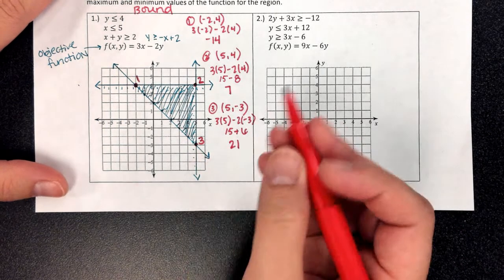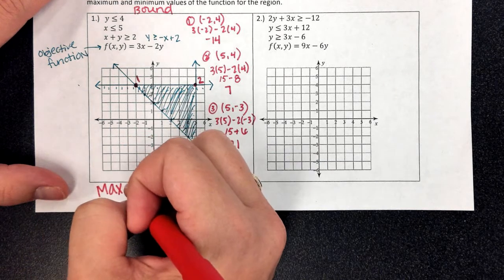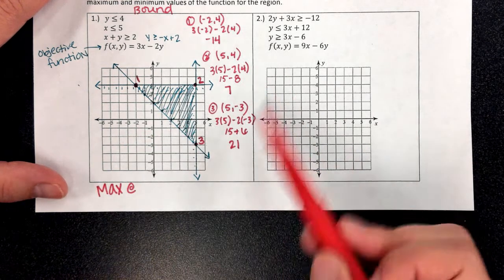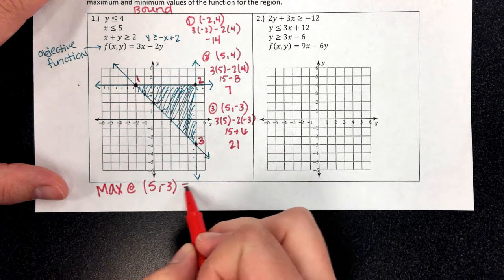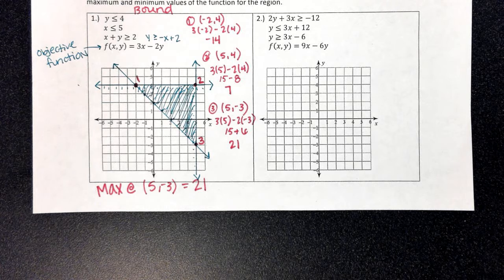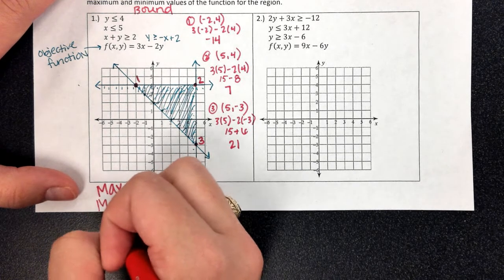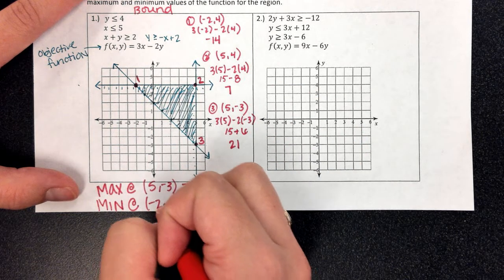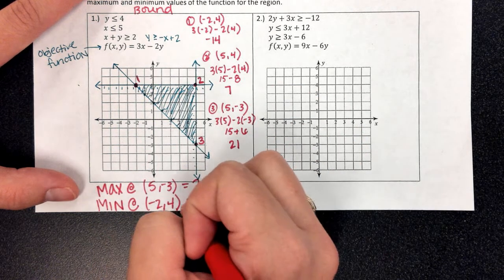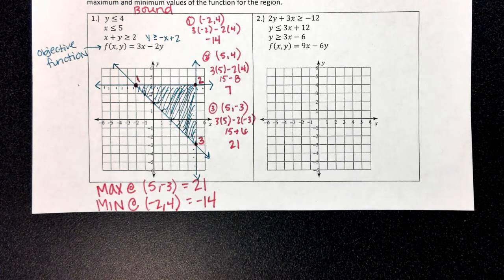So your maximum occurred at the point, which one was your maximum? 5, negative 3, which gave me an answer of 21. My minimum occurred at the point negative 2, 4, which gave me an answer of negative 14.